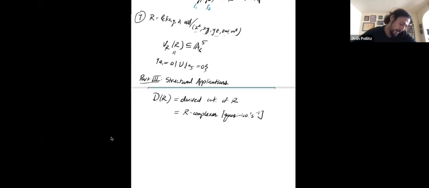I just mean take all complexes of R modules and formally invert the quasi-isomorphisms. You don't really need to know a ton about this gadget, but this is a triangulated category.